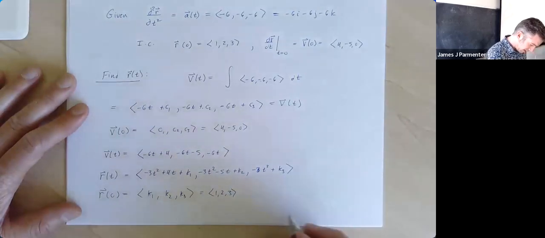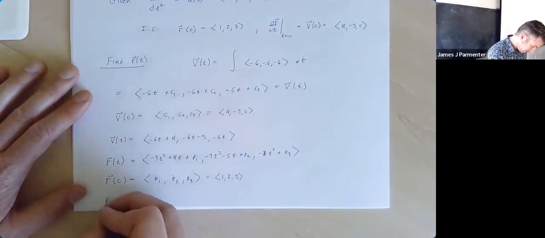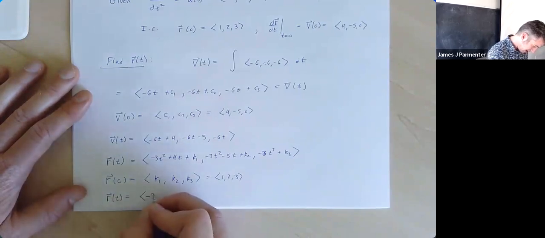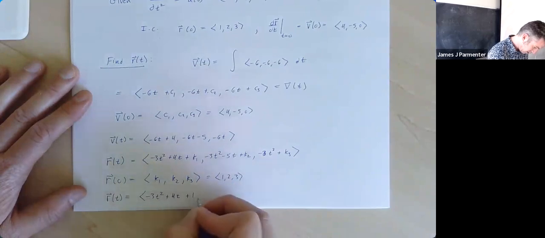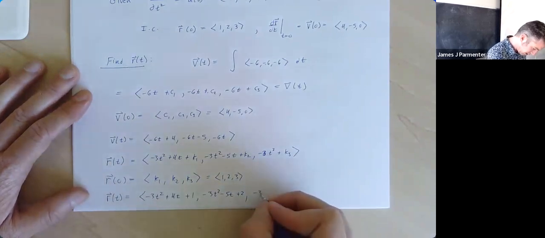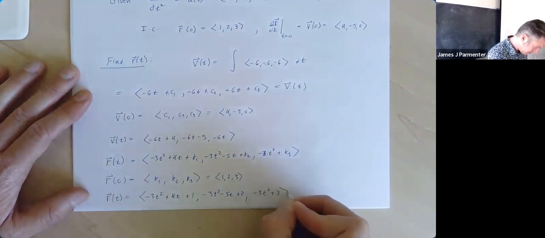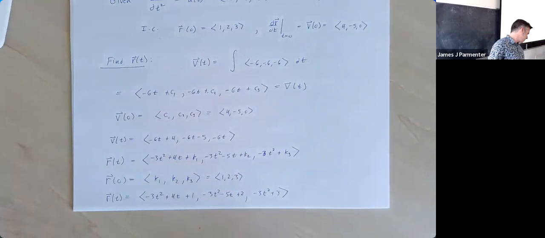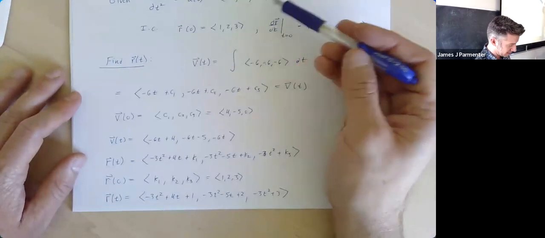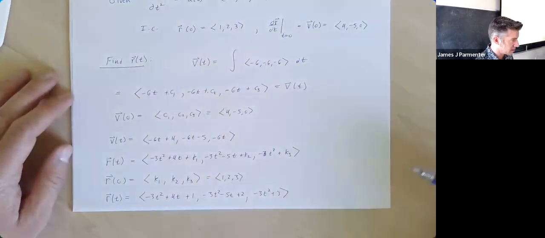So we're going to end up saying that our final position vector is <-3t squared plus 4t plus 1, -3t squared minus 5t plus 2, -3t squared plus 3>. And that gives us the position vector that has the acceleration <-6, -6, -6> and meets these initial conditions.